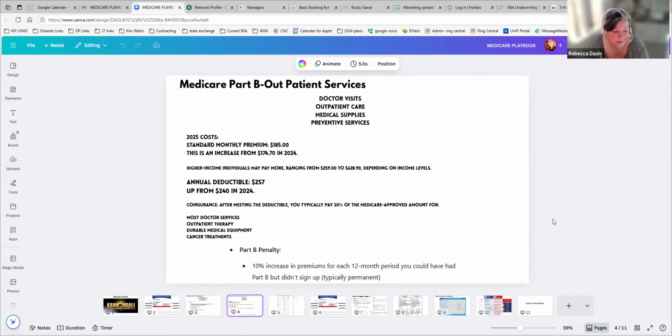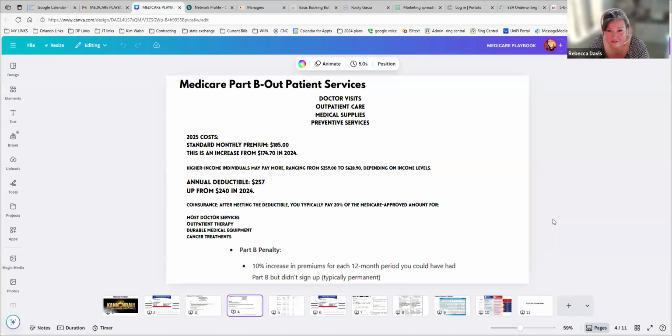Now, something else to be aware of with Part B is you have to sign up timely. And if you don't sign up timely, then you can get hit with a penalty. The penalty is 10% for each full 12-month period you didn't sign up, if you didn't have something like group health, coming off of credible coverage.